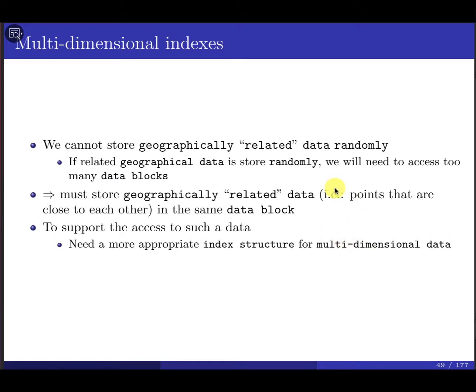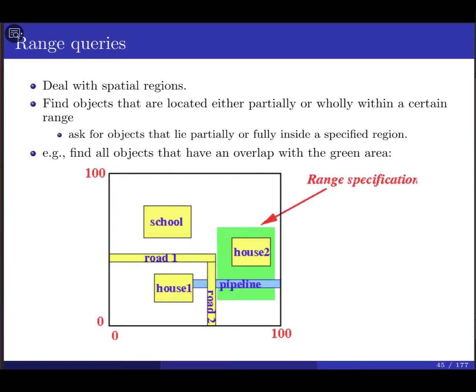The reason behind this, as I mentioned before, is that we need to make sure geographically related data is stored in the same data block, or in neighboring blocks next to each other. It's not going to be spread everywhere. If you're interested in what's going on in this area, assume we have blocks of data stored like this.